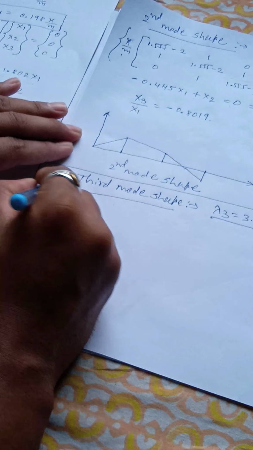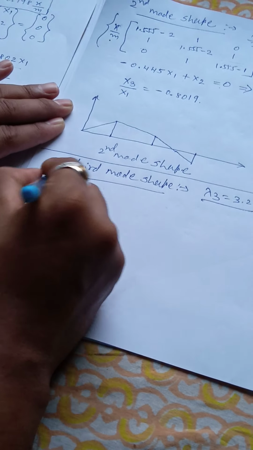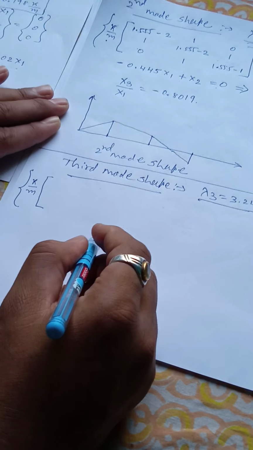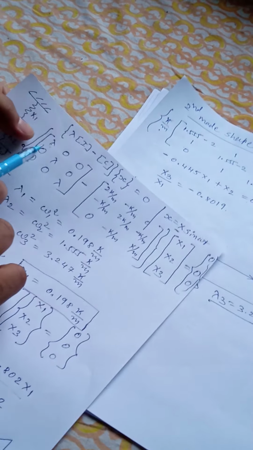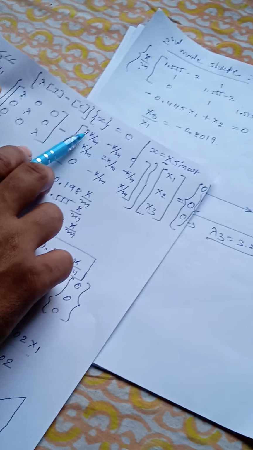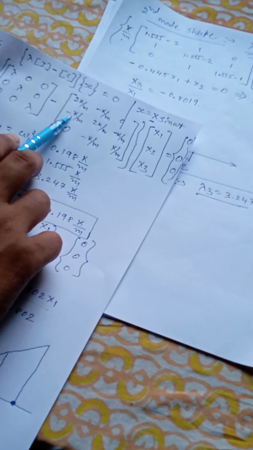So lambda I minus c, where k by m is common. Lambda minus c: lambda is 3.247 minus 2. Here it is 0 minus 1, so it is plus 1. Again here it is plus 1.